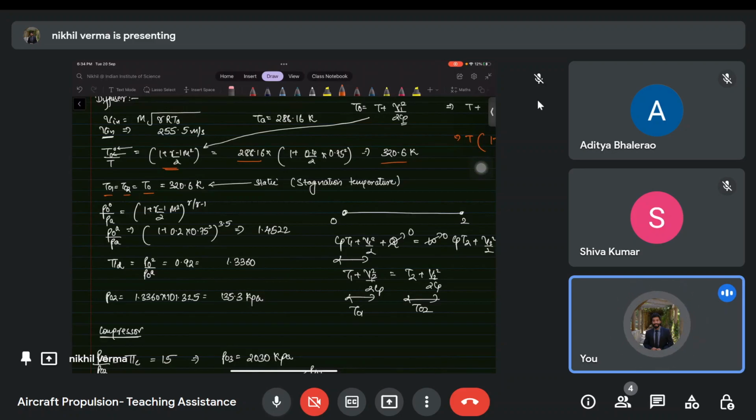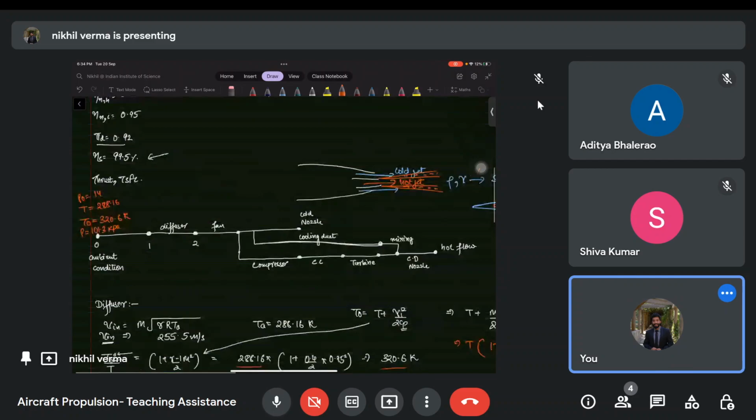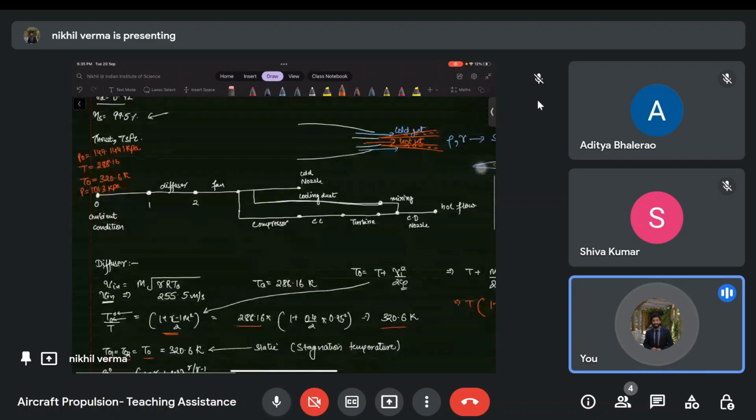So you will get P naught as 147.1441 kilopascals, right?